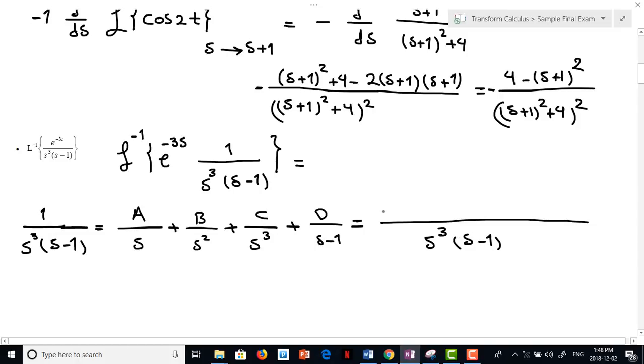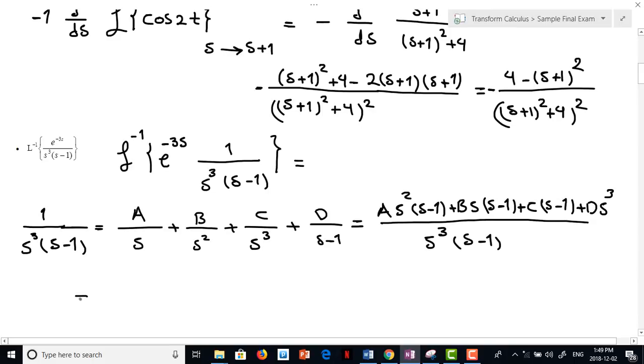In the numerator, we have a times s squared times (s minus 1) plus b times s times (s minus 1) plus c times (s minus 1) plus d times s to the power of 3.